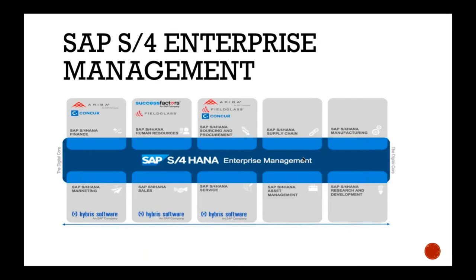Instead, we need the new dimensional modules like Concur, Fieldglass, SuccessFactors, which are surrounded by your digital core. This is called a digital core. So the ECC core is replaced with the digital core or S4 HANA core. Okay, any question?